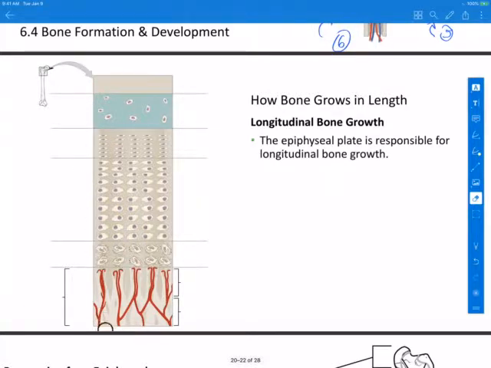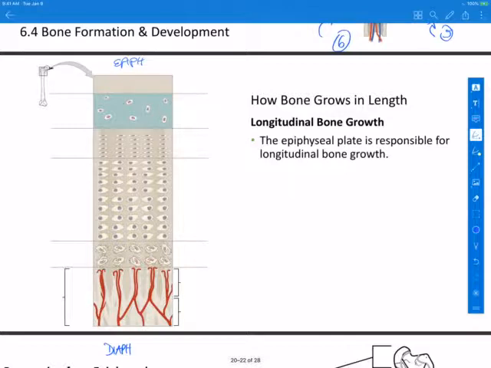So this is showing an epiphyseal plate. It's important to note that this would be the epiphyseal side, the proximal epiphysis, and this would be the diaphyseal side. I think that's what's most important to note.